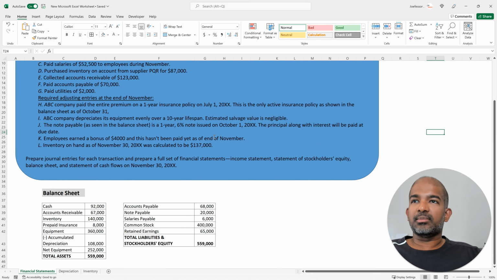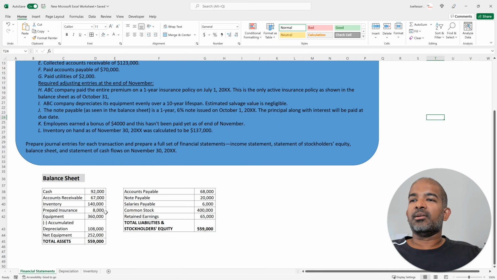Moving on, section I, ABC company depreciates its equipment evenly over a 10-year lifespan. Estimated salvage value is negligible. So the equipment they have, they depreciate it over a 10-year lifespan. You already have some accumulated depreciation.